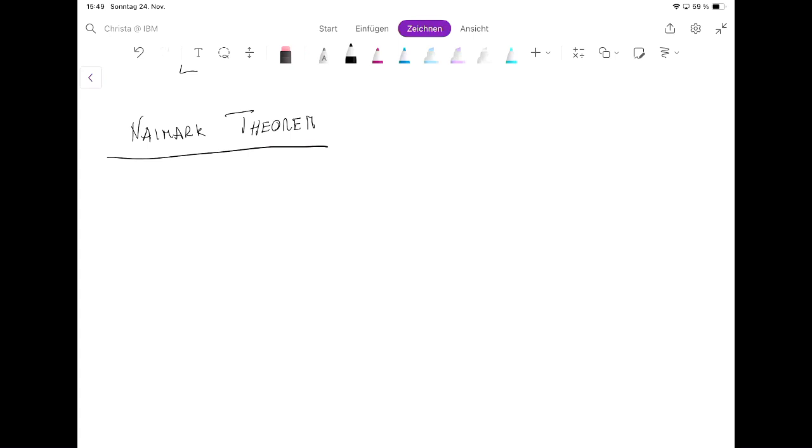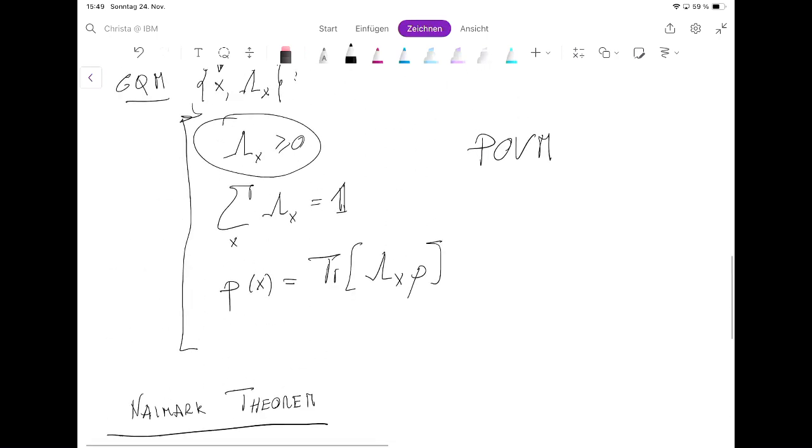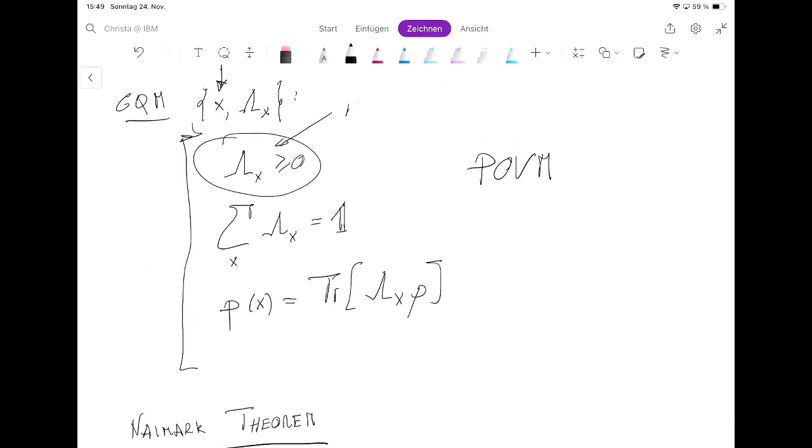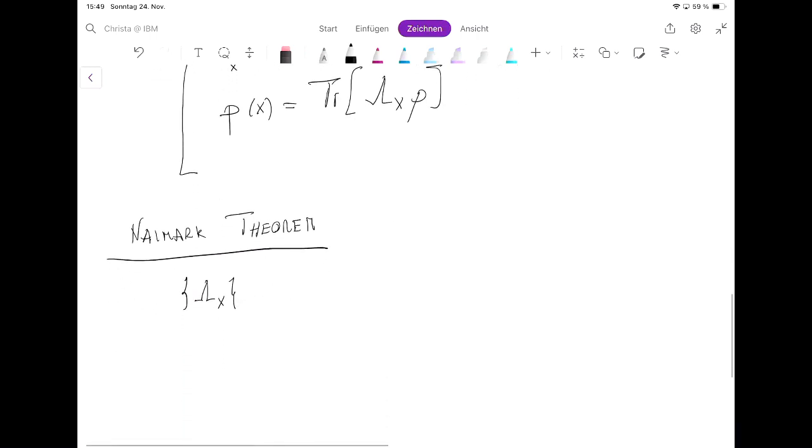So the way you see that you can in fact implement a POVM with a PVM, so something with projectors on a larger space, is very simple. Suppose you have this collection of POVM. One thing I didn't say, these operators are also called effects. So I will say POVM effects, and when I say this, I mean all the operators that make up your measurement protocol.